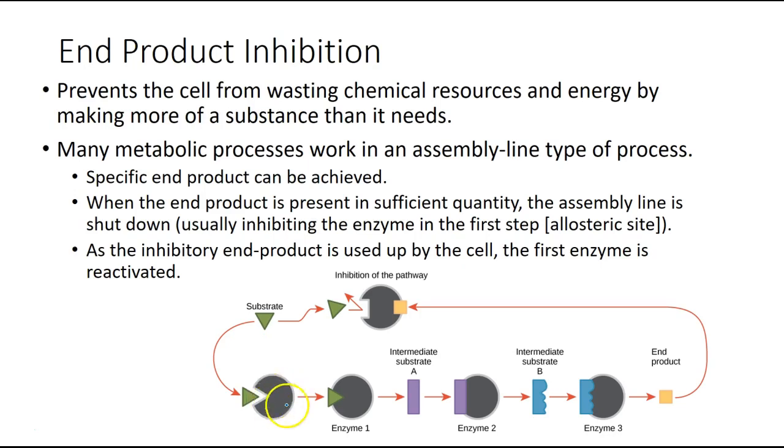You've seen diagrams that are similar to this. You'll notice that there is an enzyme that is going to bond to a normal substrate. This substrate is going to bond to the enzyme's active site. It's going to create an enzyme substrate complex.